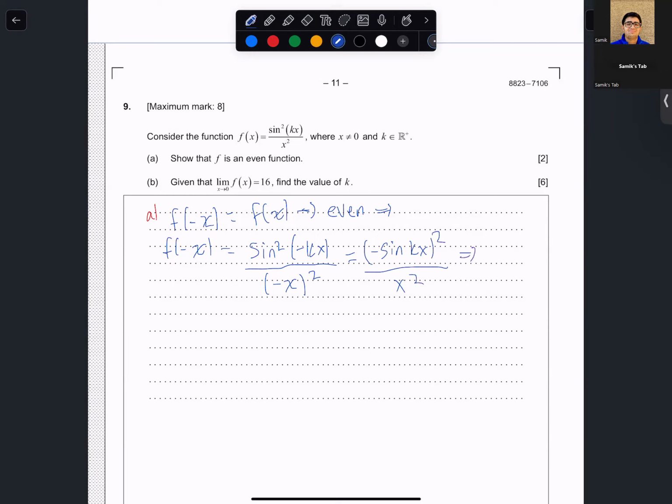Now this becomes sine square of kx upon x square, right? Now this will be equal to f of x. That's it. That's all for part A. It's that simple. So this is how we do part A for these types of questions.